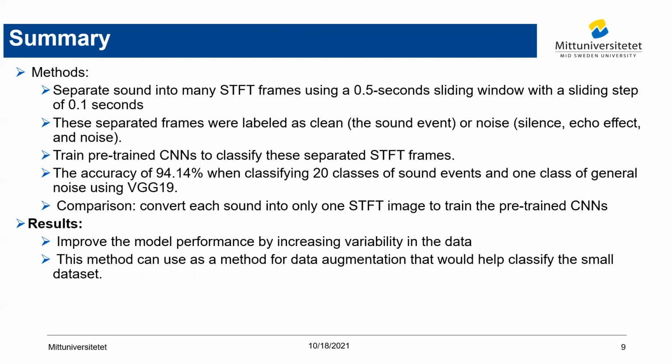On the other hand, the separation of the sound into many STFT frames improves model performance by increasing variability in the data and consequently learning from it. Besides, this method can be used as a data augmentation method for classifying small datasets.